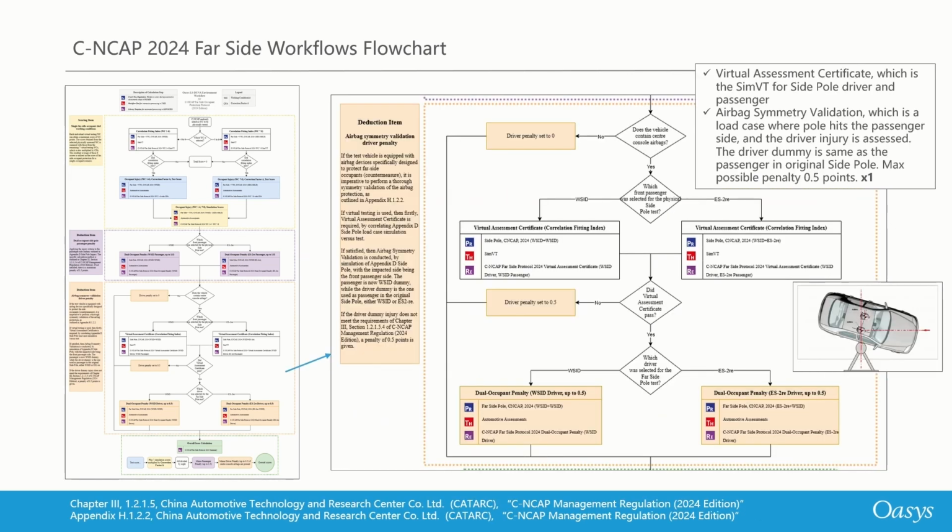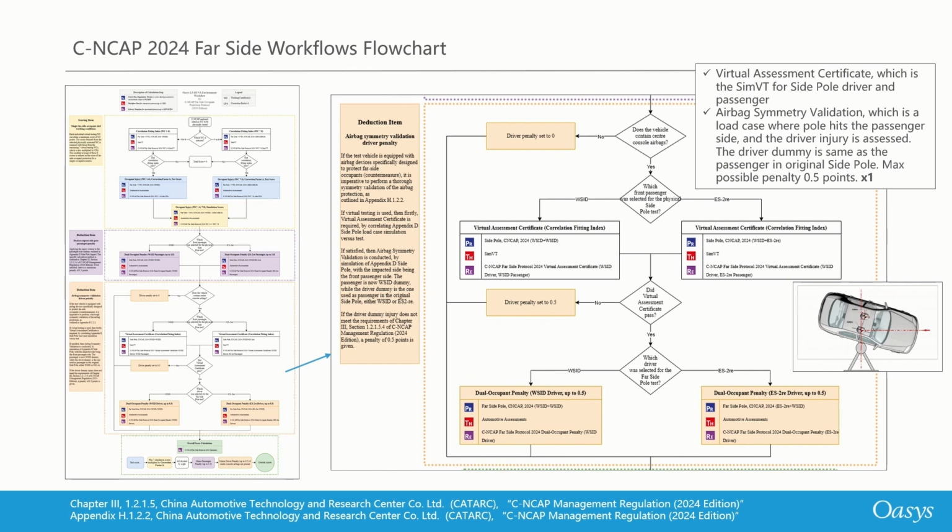The third box is another deduction item. So first, the flowchart asks if the vehicle contains the center console airbag or any of the airbag protection. If it doesn't, we skip this whole process because airbag symmetry validation can't be performed on a vehicle with no airbags. If it does, then we need to choose again the correct route left or right depending on which front passenger was selected for the physical side pull test.